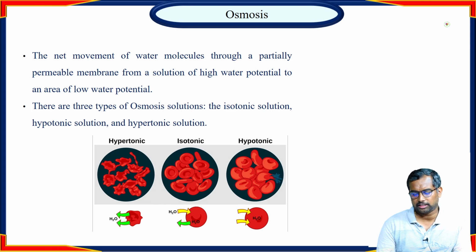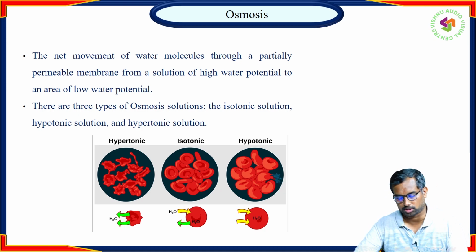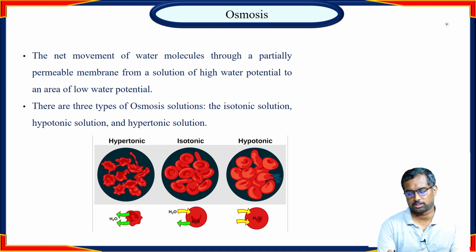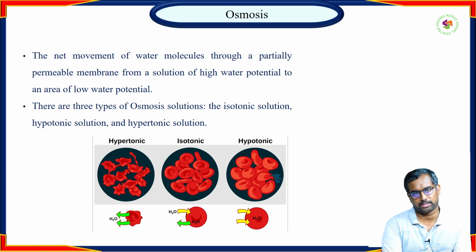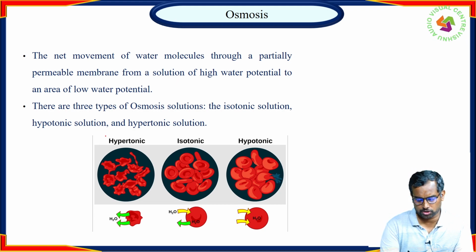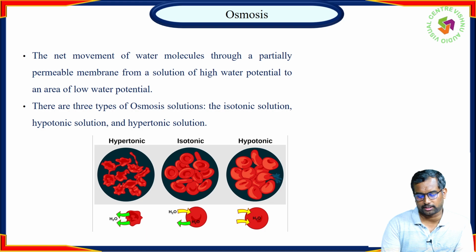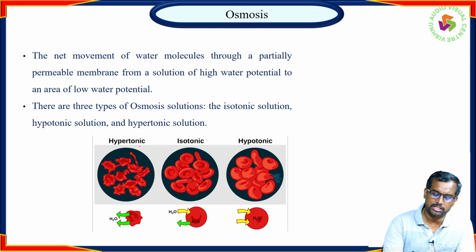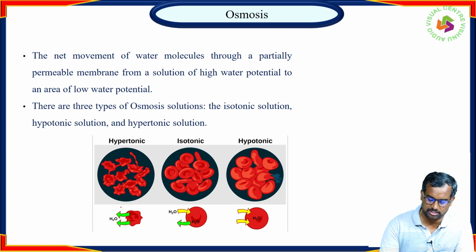If you look at the image here, there are three different types of osmosis: the isotonic solution, the hypotonic solution, and finally the hypertonic solution. In the case of a hypertonic solution, you can see from this image that the cells have shrunk in size. That is because the concentration of water present in the cells is comparatively higher than the concentration of water on the external surface.